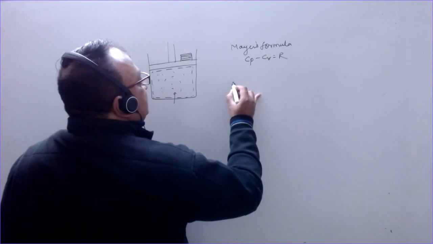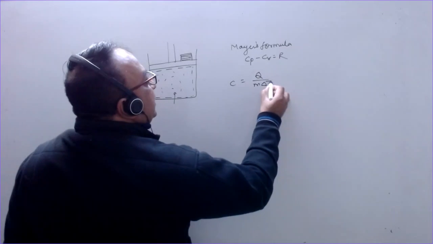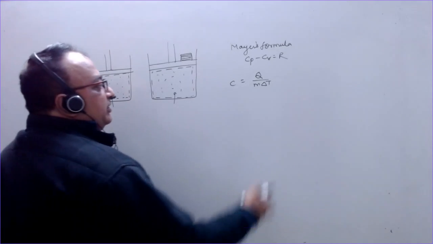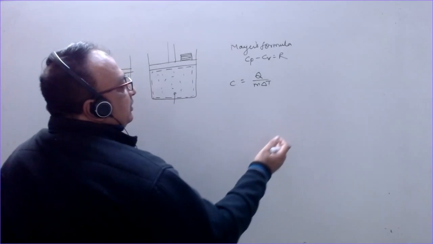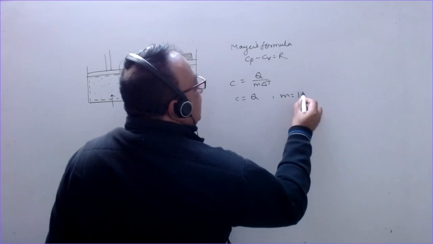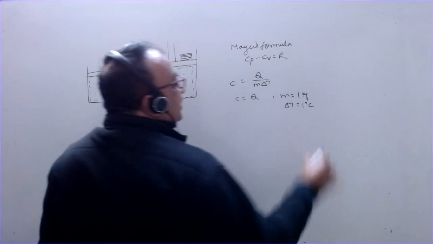Now you know that specific heat is defined as Q over m delta T, where m is the mass of the system, delta T is the temperature change, and Q is the heat interaction. So C is equal to Q for m equal to 1 kilogram, delta T equal to 1 degree Celsius or 1 degree Kelvin.